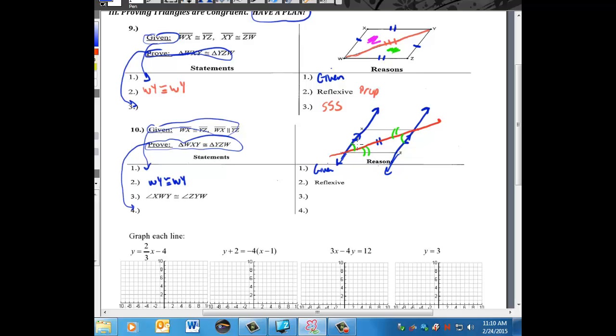That would be this first angle here with 1 mark. So let's call this angle 1. And then angle ZYX would be this angle here, angle 2. So in a sense, they're saying that angle 1 is congruent to angle 2. And this is true because alternate interior angles are congruent when 2 lines are cut by a transversal.